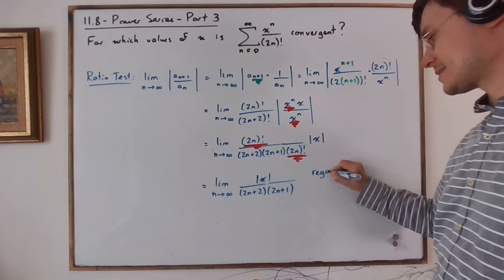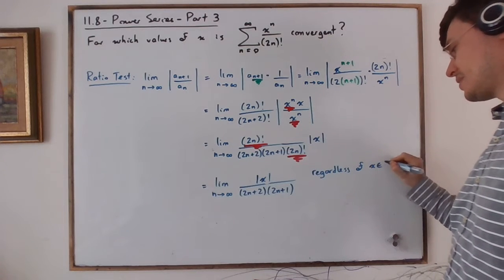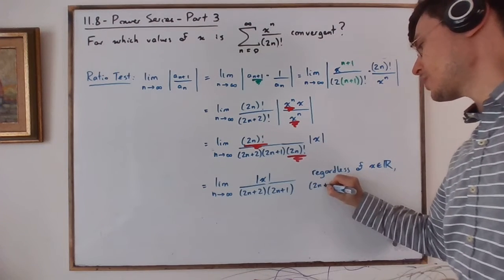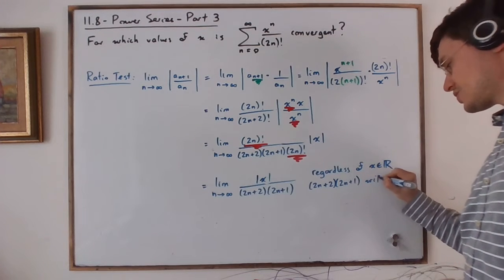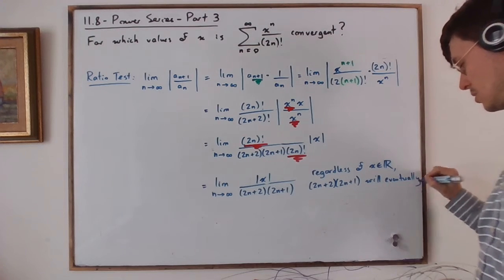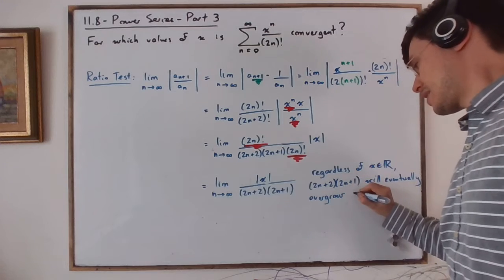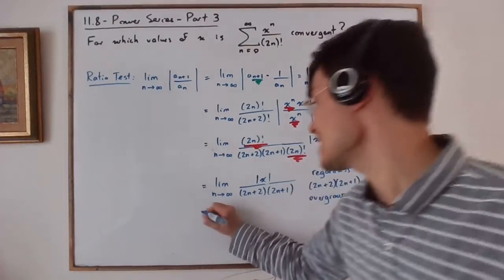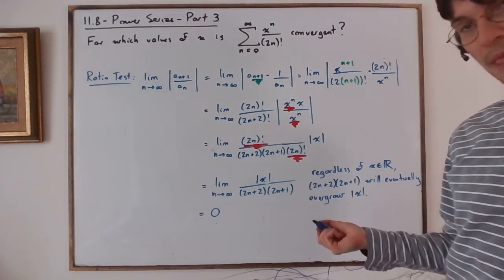So regardless of x in the reals, 2n plus 2 times 2n plus 1 will eventually overgrow the absolute value of x. And this means that this limit, regardless of x, is equal to 0.